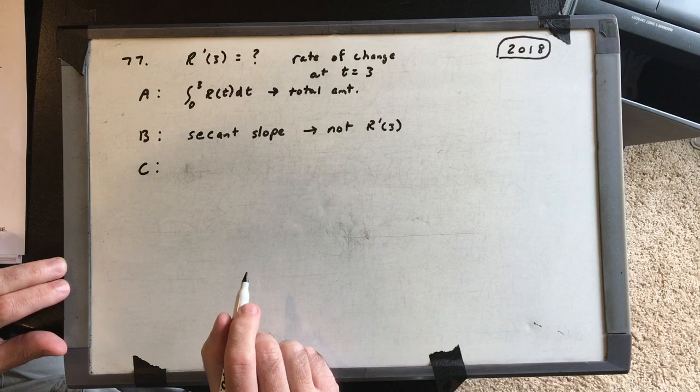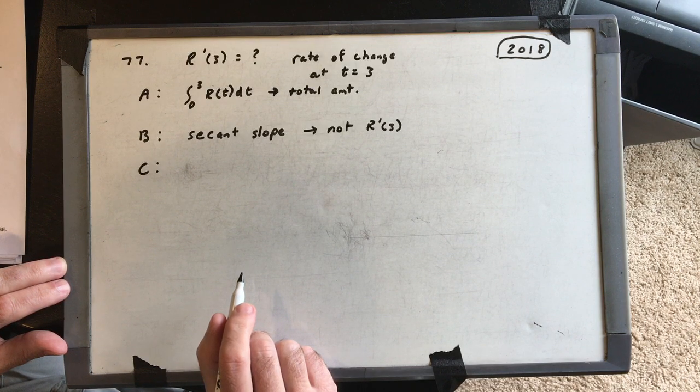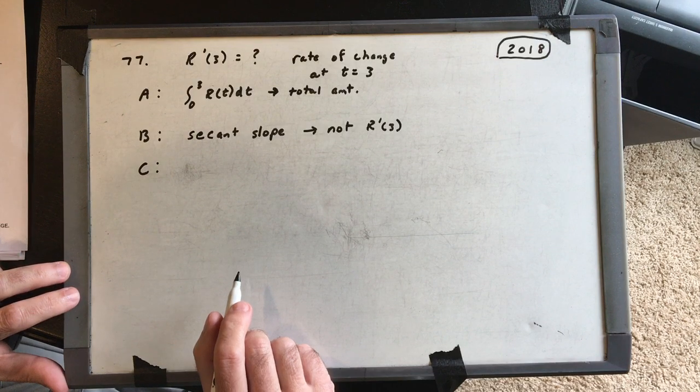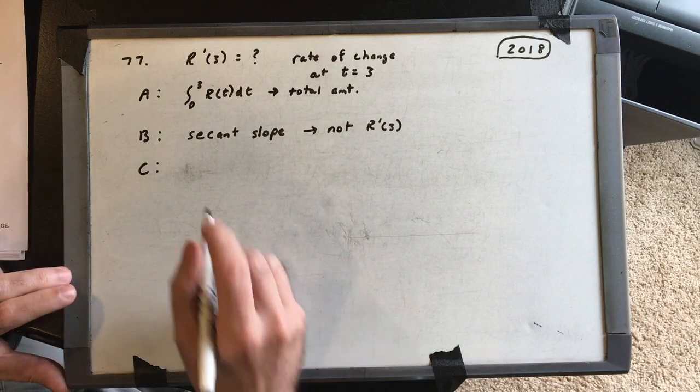See, the rate at which water leaks from the tank in gallons per hour 3 hours after the leak is discovered. Well, that's not a rate of change, that's just a rate at a particular point in time.